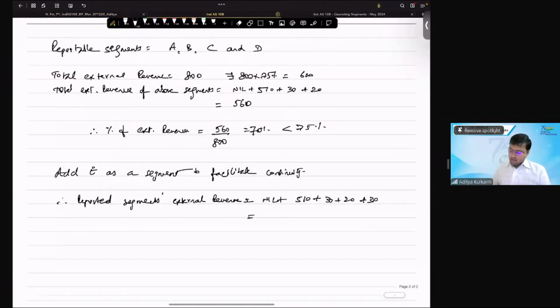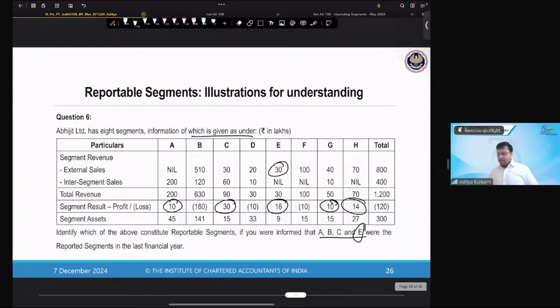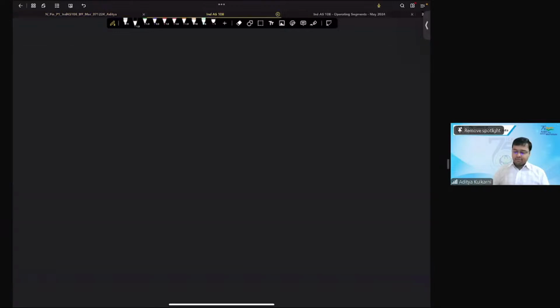So 510, 540, 560, 590. And then you are still below 600. So you can select anything out of F, G, and H. So we can select F.